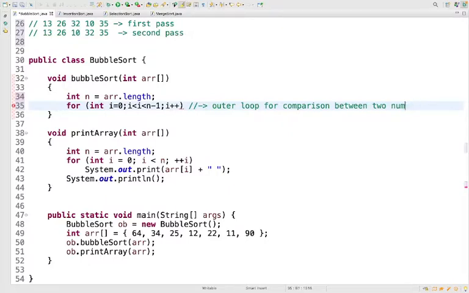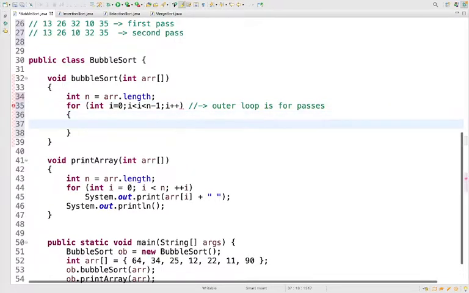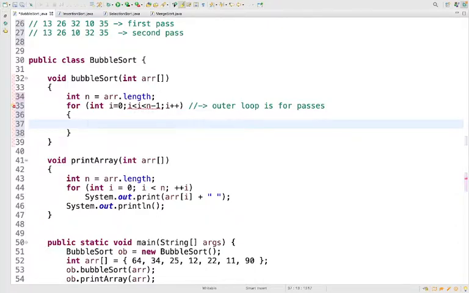Sorry, the outer loop is only for the passes, the number of passes until we get the properly sorted array. The inner loop will basically be for comparison.